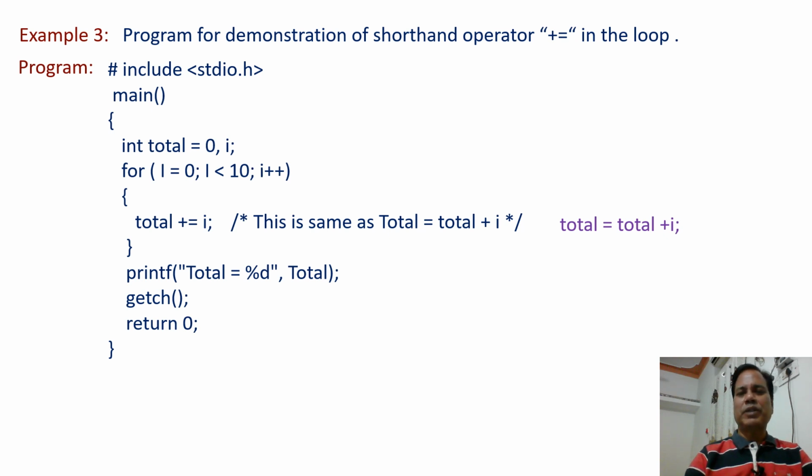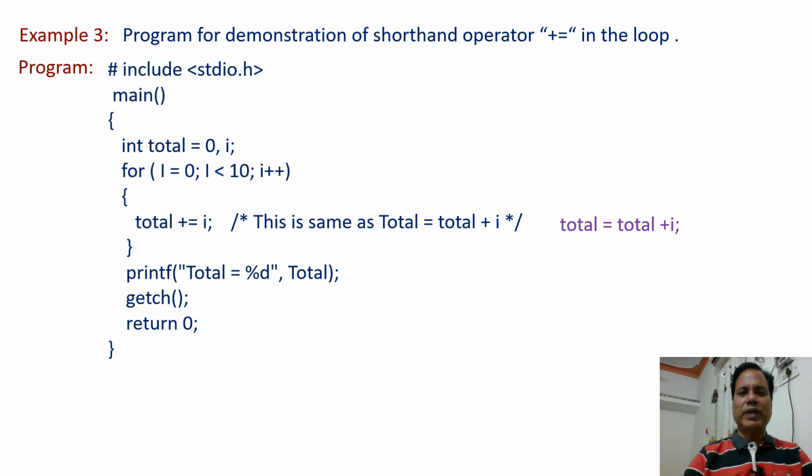This time the value becomes 2. So 2 is less than 10. It is true, so again the body of this for loop is executed. So total equal to total plus i. Before this, the value of total is 1. So 1 plus the value of i, which is 2. So 1 plus 2 is 3. 3 is assigned to the left side variable total.